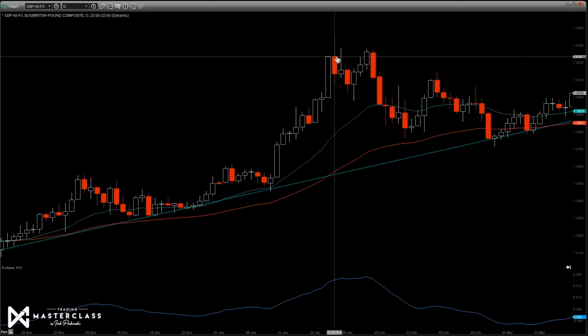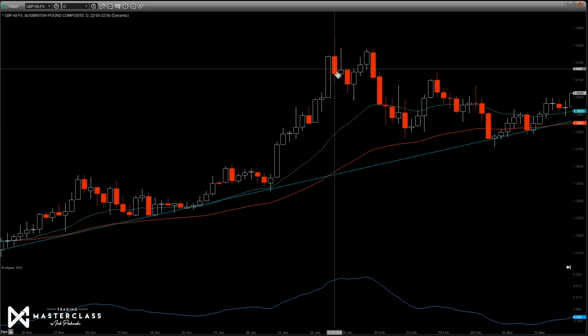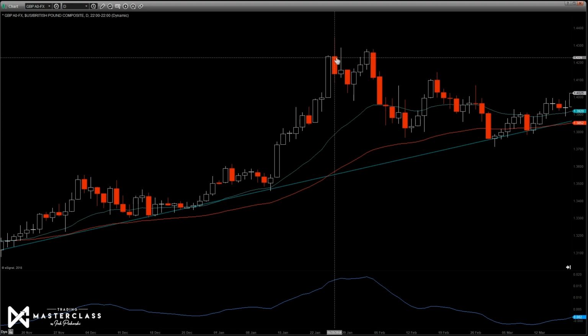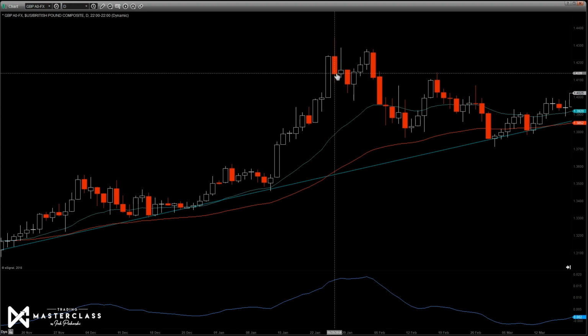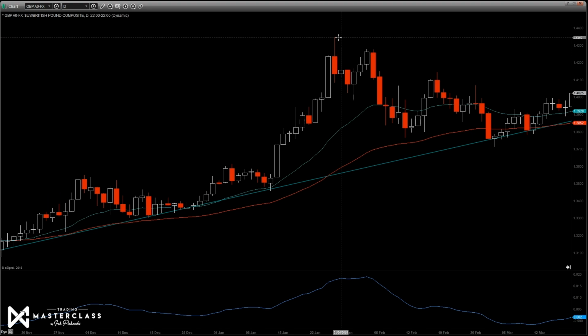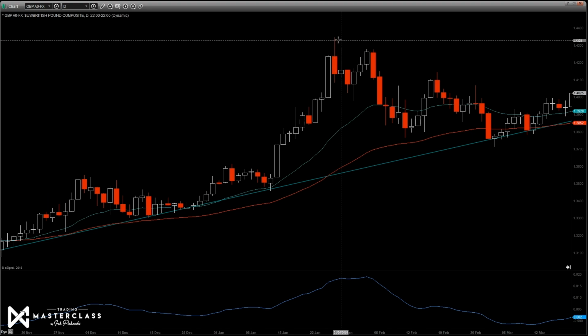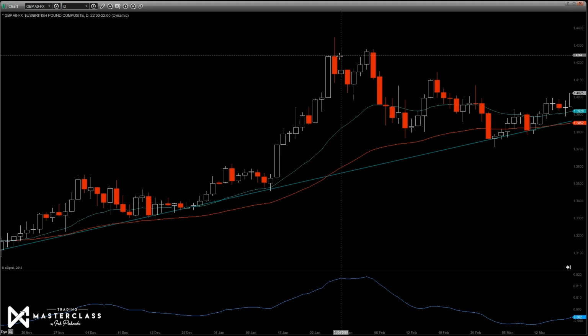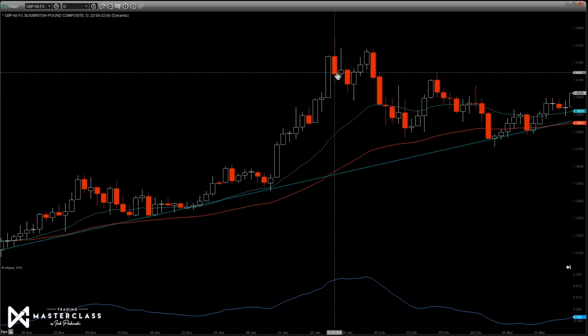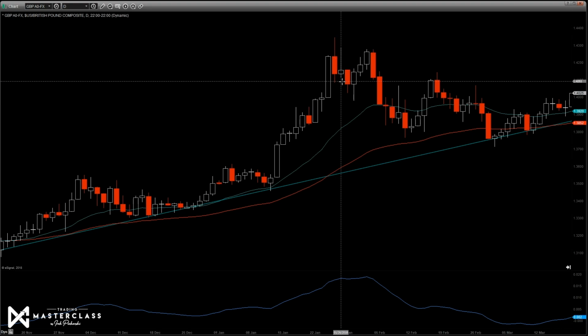Price action opened right here and closed down here. That's why it's red. It opened where the thickness starts, and it closed right there. This is the extreme high of that day. It means price action opened over here, went up, and then went back down to close all the way down here.